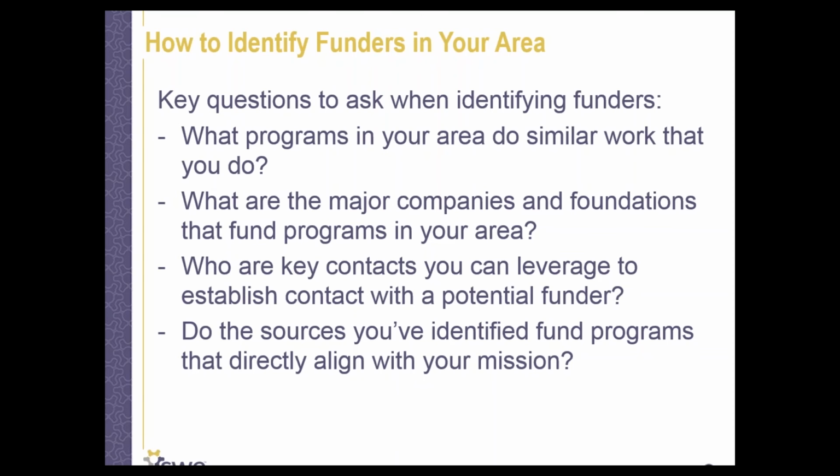All 990 tax statements show a list of the board of directors and key personnel that are involved with the grant-making of the foundation or corporation. Going through those names and understanding if you have any possible connections is one strategy that you can leverage in order to identify contacts that you might know.